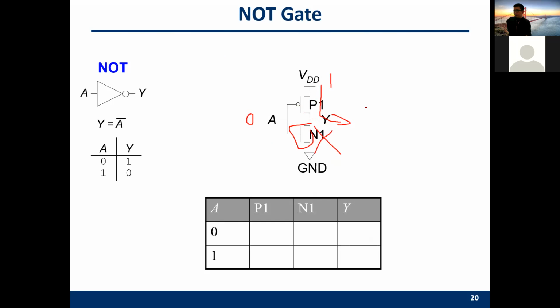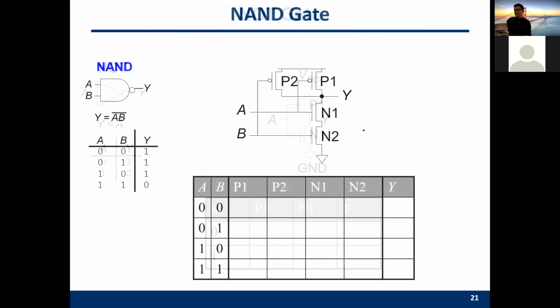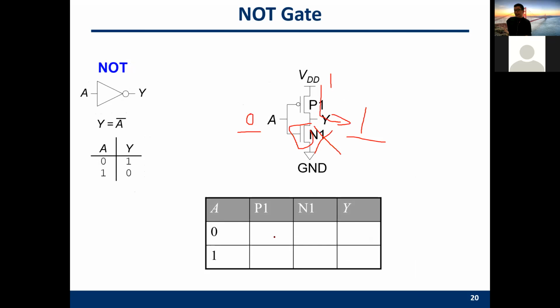So that's the reason why this is a 1. This Y is 1. So in this way, I give a 0, you get a 1. This is a NOT gate. So you can use this table to do some analysis.